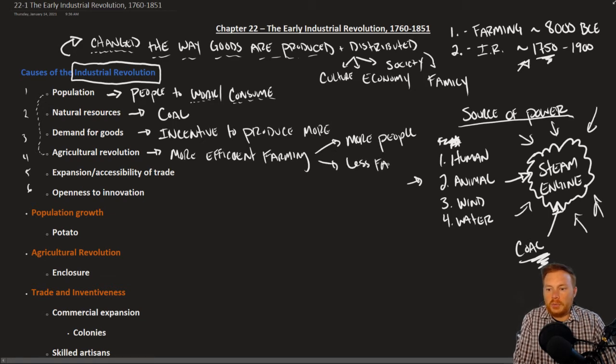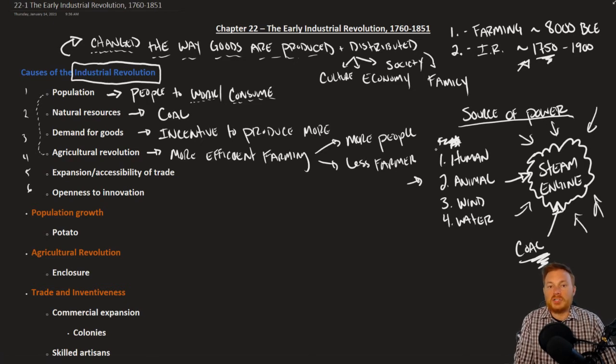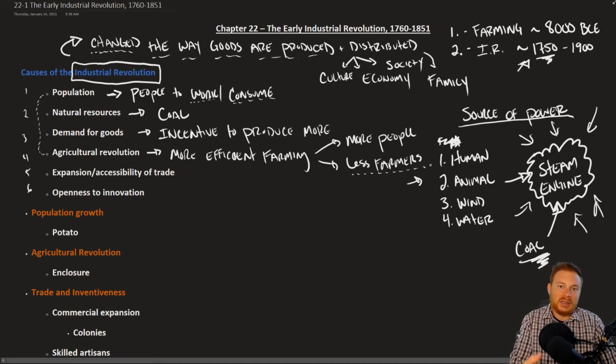So for example, you compare a place like Great Britain, which didn't have the largest population in the world. I mean, London becomes the most populous city the world had ever seen during the industrial period, but places like China had more people. The difference was that in Britain, an agricultural revolution actually led to fewer people involved in farming, which allowed more people to be freed up to do other things, namely work in factories.